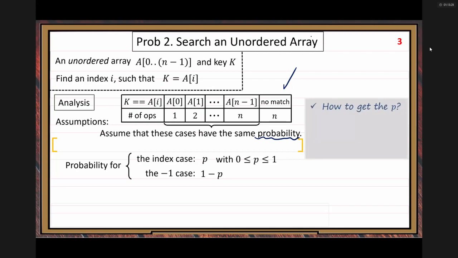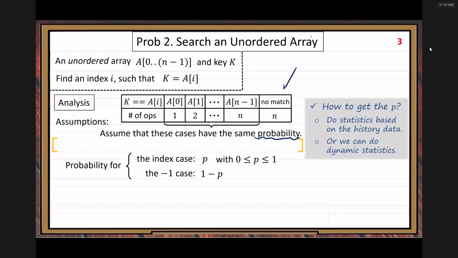How do we get p? I already told you, do statistics based on the history data, sample data. Or we can do dynamic statistics, another way. Because you apply this linear search algorithm on the fly, data keeps coming in.